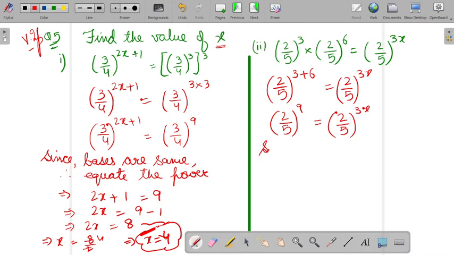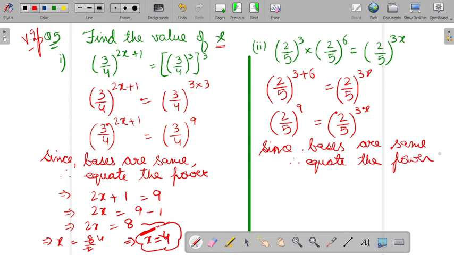So we will write since bases are same, therefore equate the power. But if the bases are not same, then you can't equate the power.